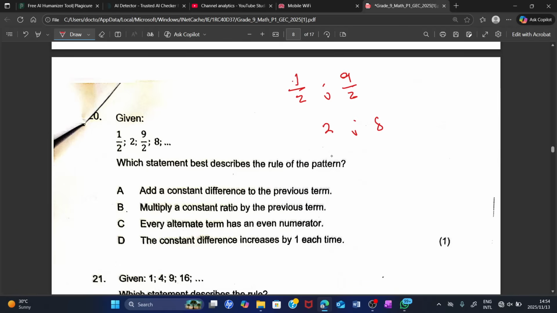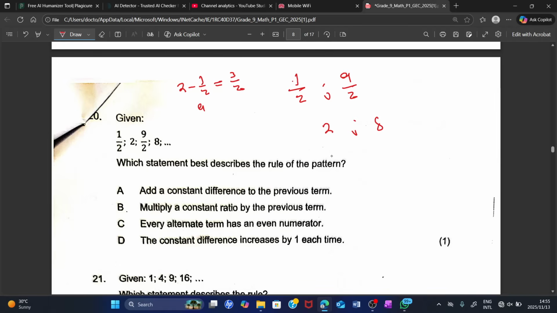Okay, if I can say the constant difference to the previous term. Okay, what is the constant difference? So the constant difference, let's try to check. We're going to say 2 minus 1 over 2 is 3 over 2.